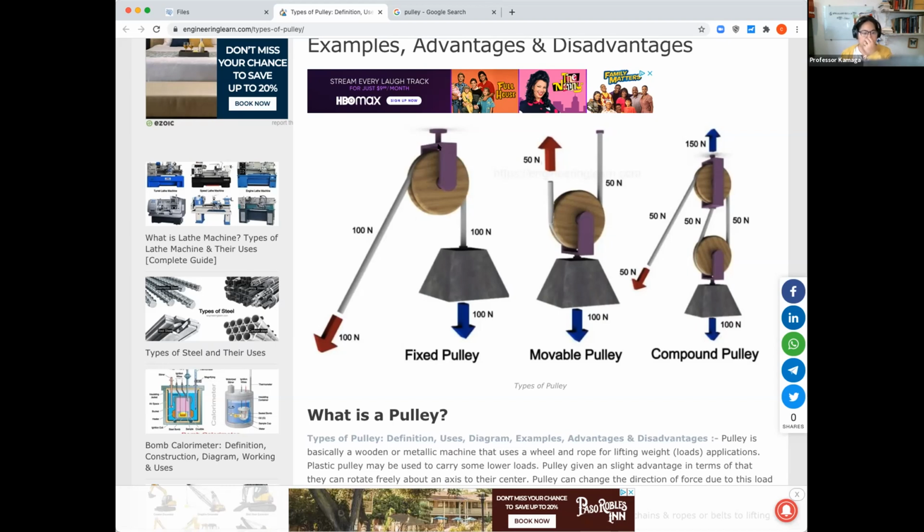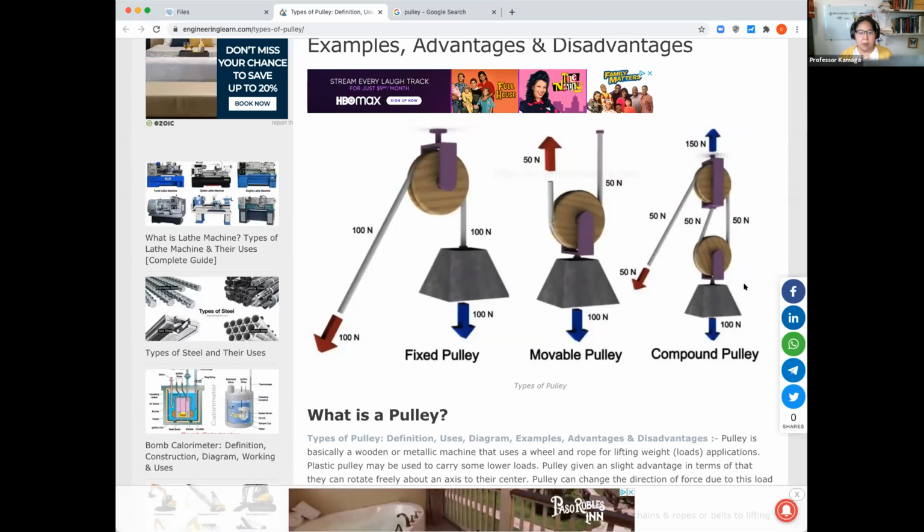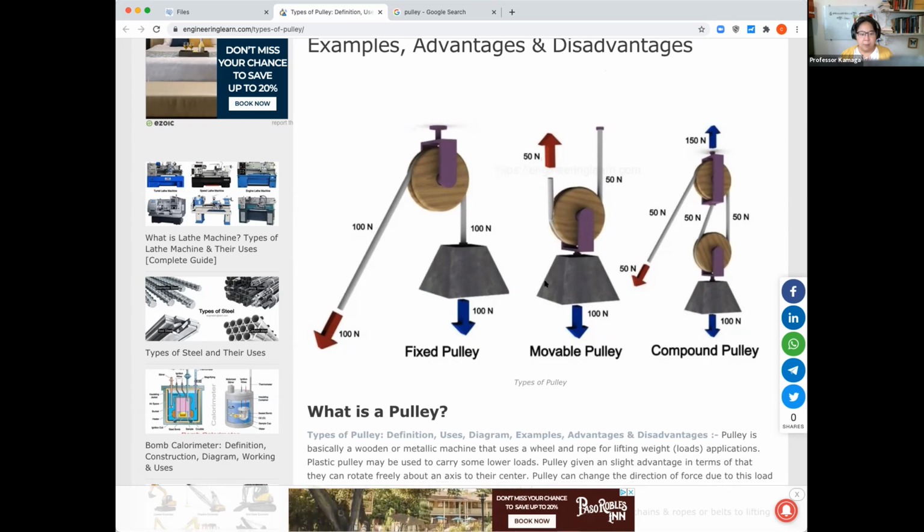If you have a fixed pulley, you're only supporting with one rope. So a 100 Newton weight, you're still going to support with 100 Newton. Compound pulley, we're going to do this, has a fixed pulley and a movable pulley.